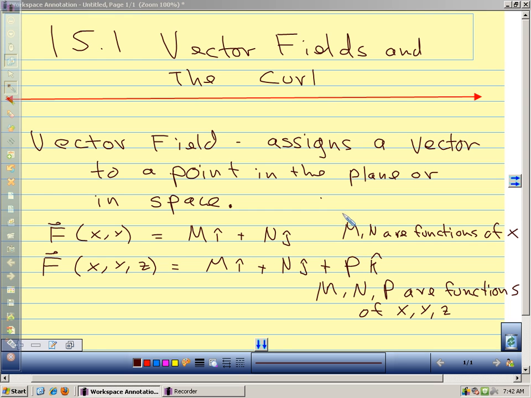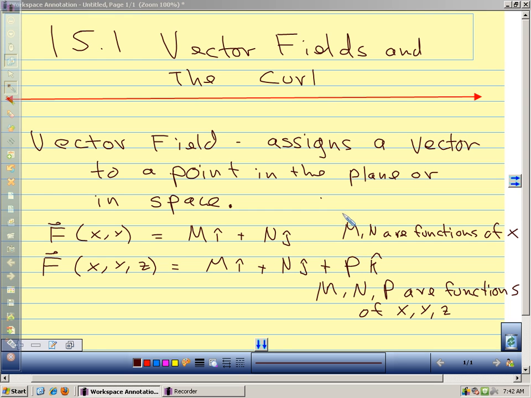So we plug in a point in space and it assigns a vector. An example of a vector field would be a velocity field. So if you have, say, a fluid that's moving around, you can assign every point in that fluid a velocity vector. We talked about electric fields, so at each point in space there's an electric field that points a specific direction, has a specific magnitude. Gravitational field is an example of a vector field. At each point in space we have a force vector that tells us which direction and what's the magnitude of the gravitational force.